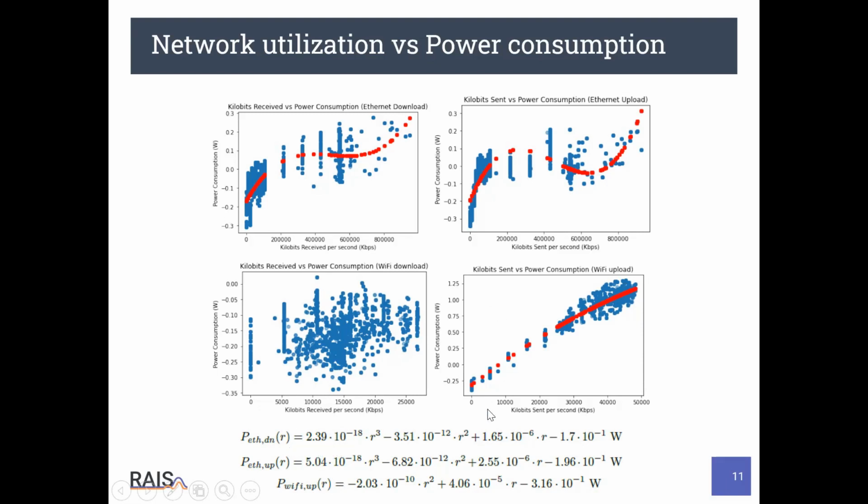While for Wi-Fi upload, the model with the least error was the degree 2 polynomial. In the case of Wi-Fi download, we were not able to accurately capture any form of relationship due to the amount of packet losses that were occurring.